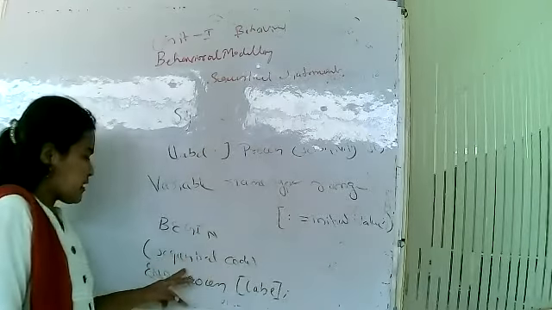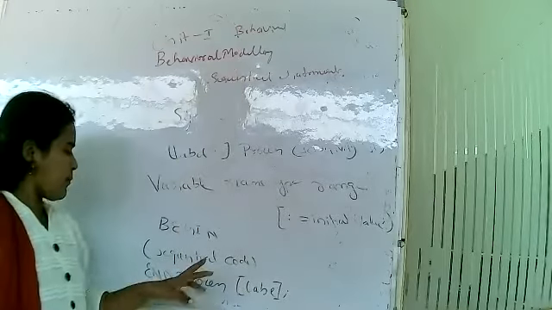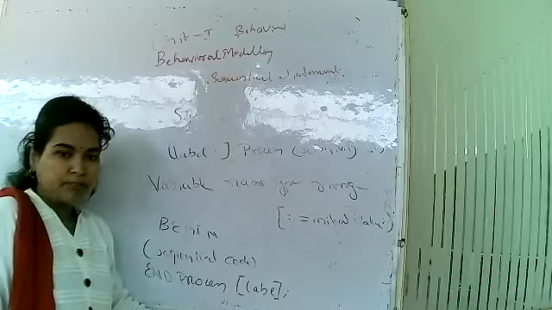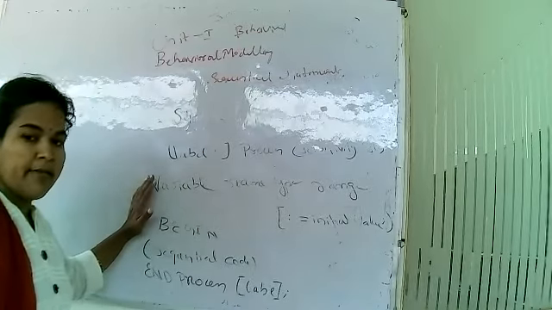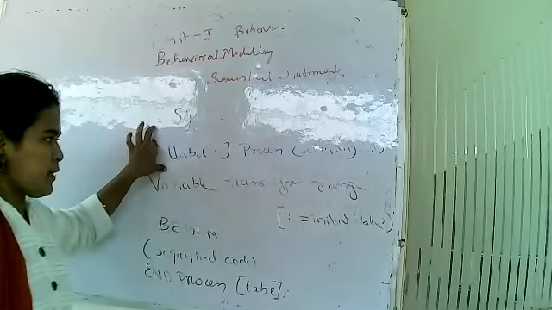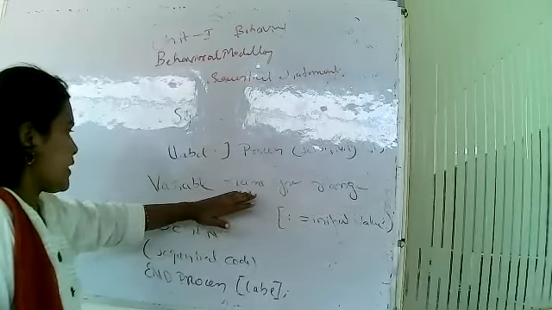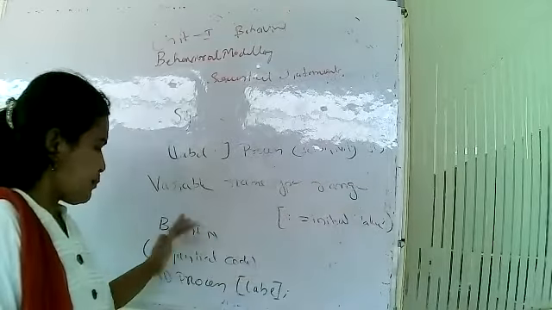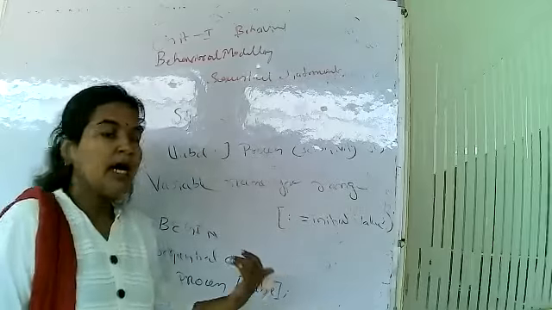Next, begin, sequential code, because it is behavioral modeling, it will come as sequential code only. Next, end of the process. See, this is the syntax for what? Process in the behavioral modeling. It contains label, then the process, then the variable name, type, its range and its initial value, then begin with the sequential code. Next is the end of the process.